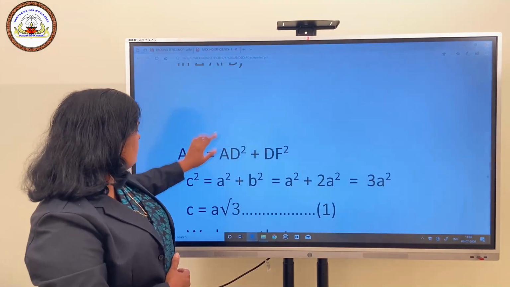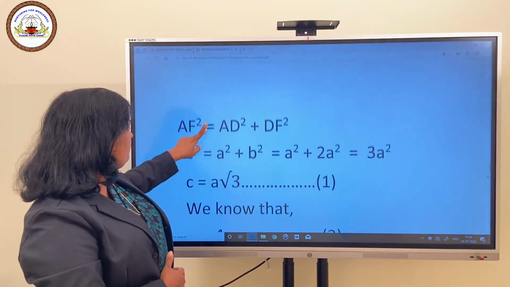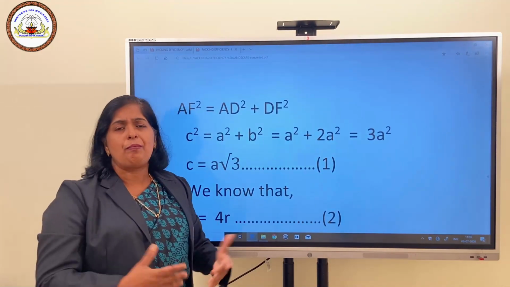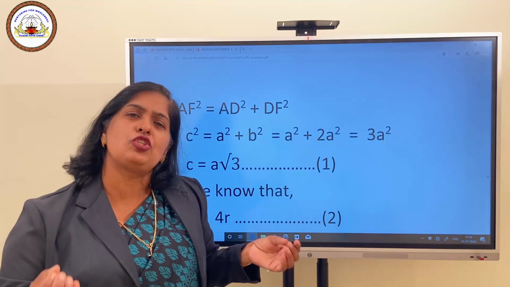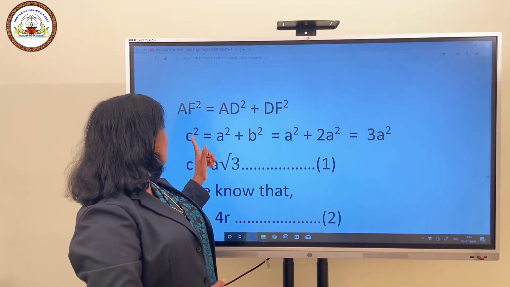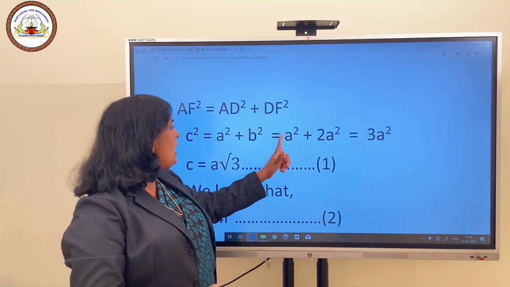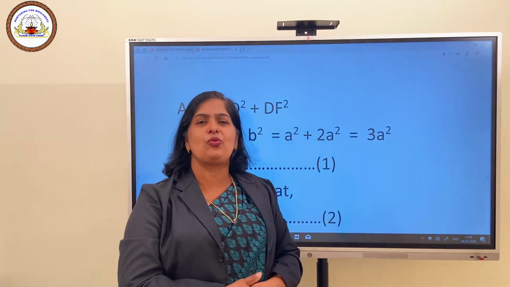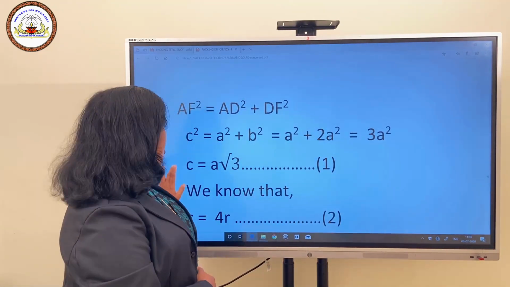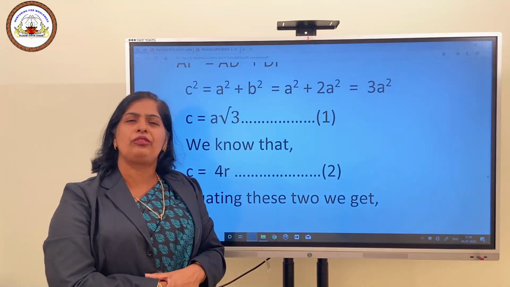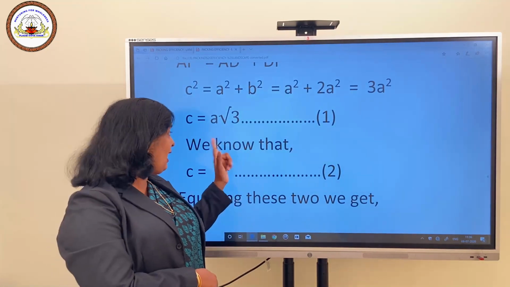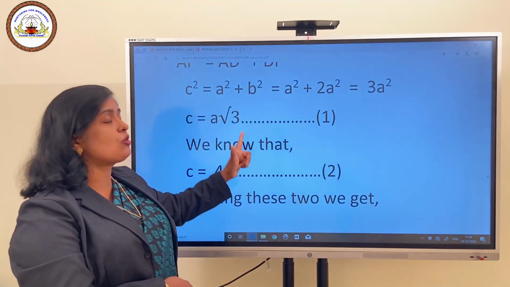But b square we know, b square is 2a square. So we are getting c square is equal to a square plus 2a square, which is equal to 3a square, or c is equal to root 3 a. C is equal to a root 3.